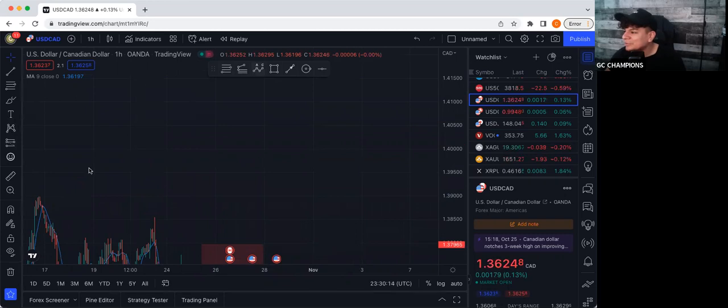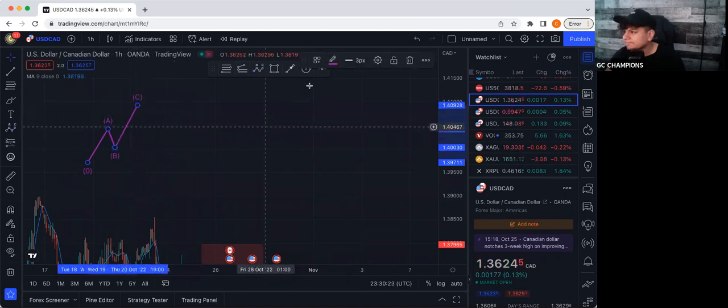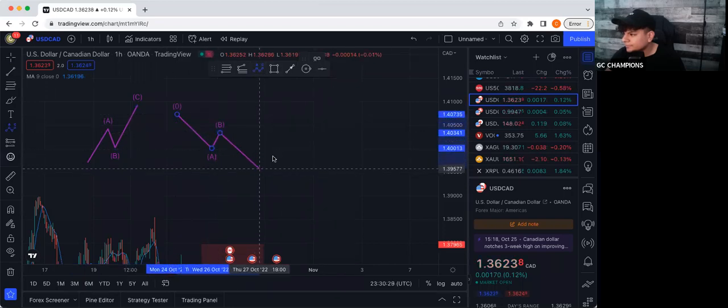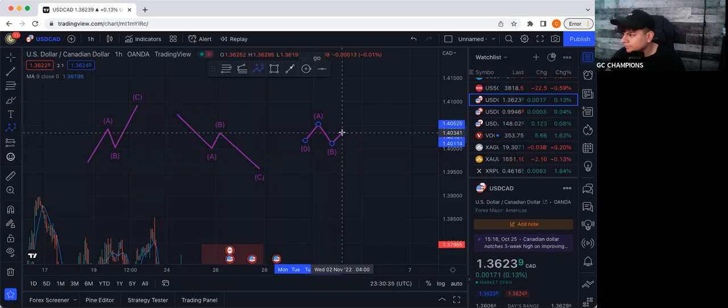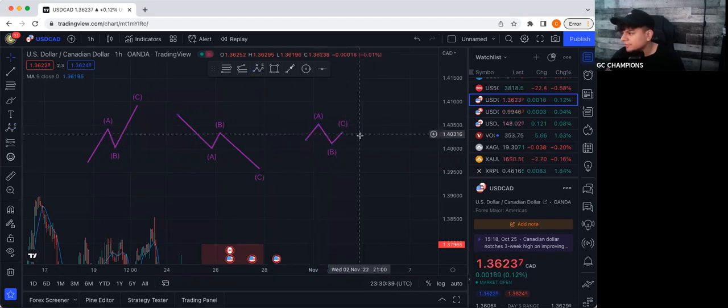Okay, so we have this type of movement, right? We have this type of movement, and then we have this. And then we continue on from that to something more flat.